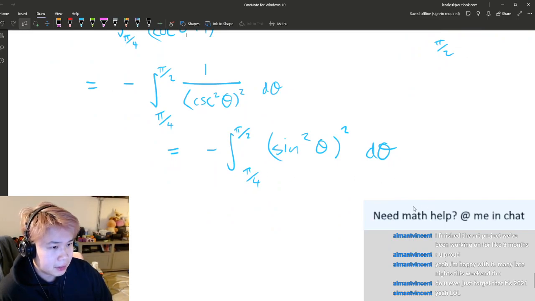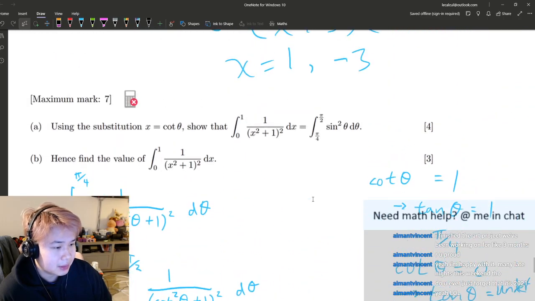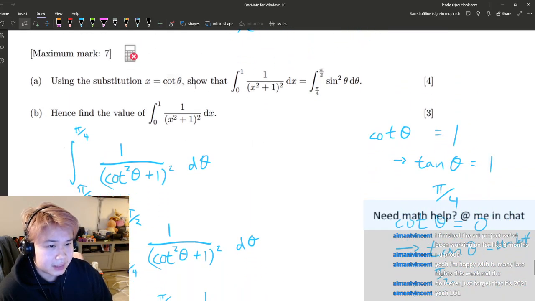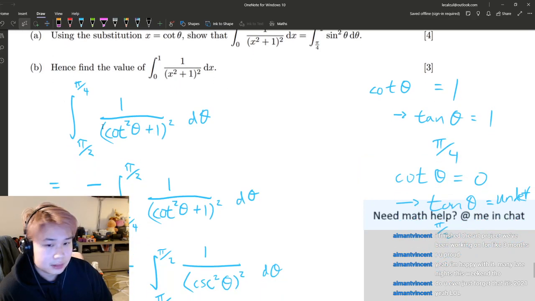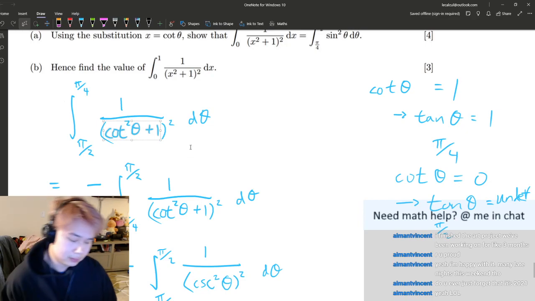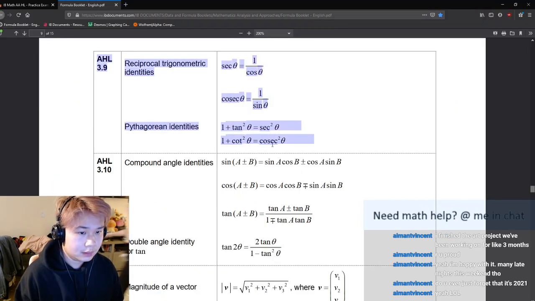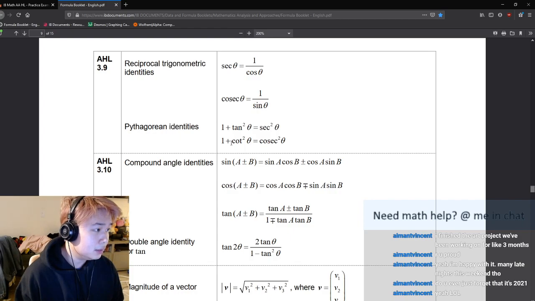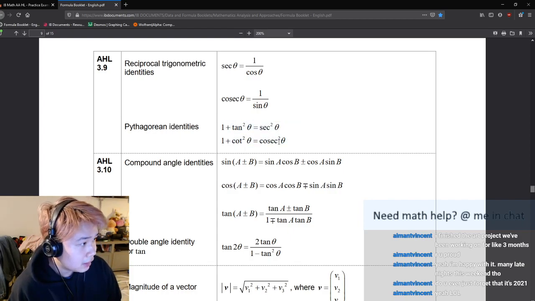Okay, and then we get here. And this is a little issue because right now I already have the sine squared part, and then I have this extra squared part, and I have a minus. Okay, did I screw up somewhere? So I make this substitution here. So then I get this. So here is the identity.